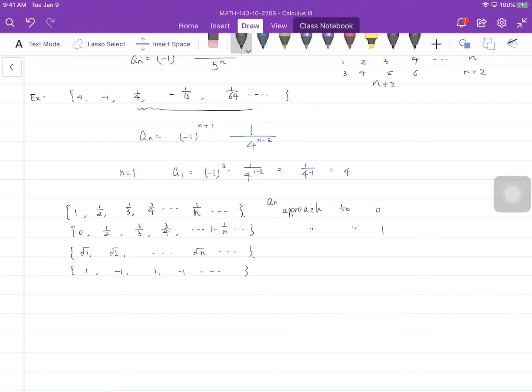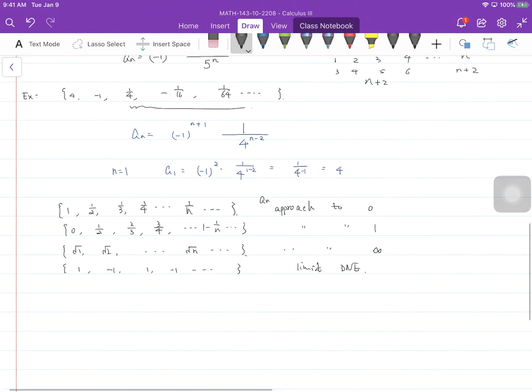The third one approaches infinity, because n goes to infinity. And the last one, as we learned in calculus 1, the limit does not exist, because no certain number can be the limit of this a_n. It's always changing, +1, -1.